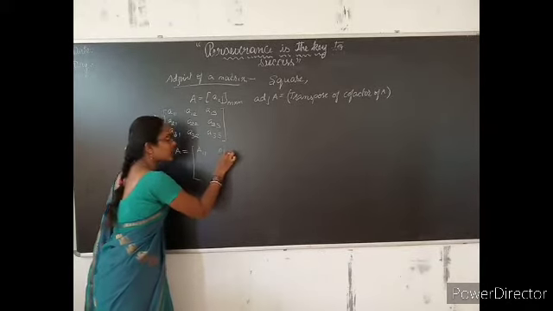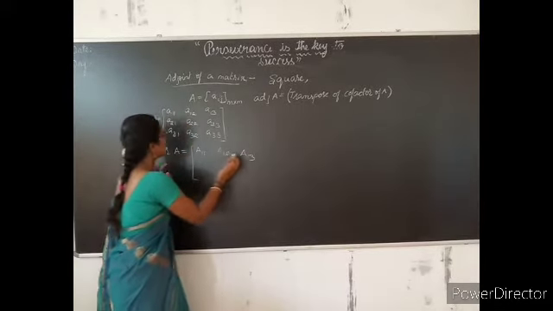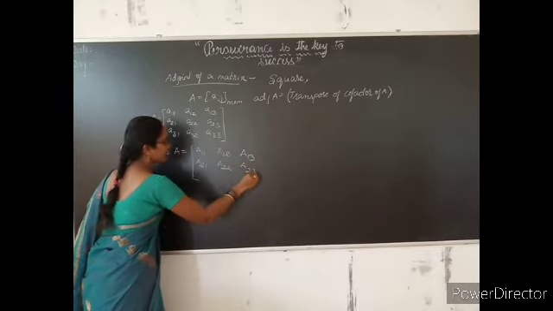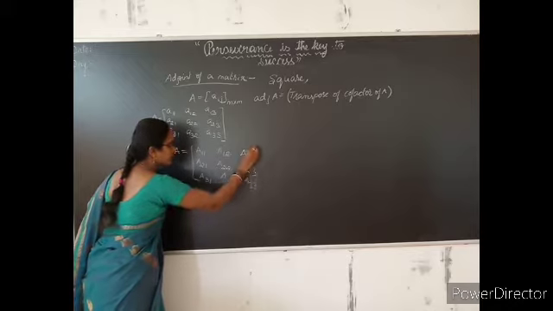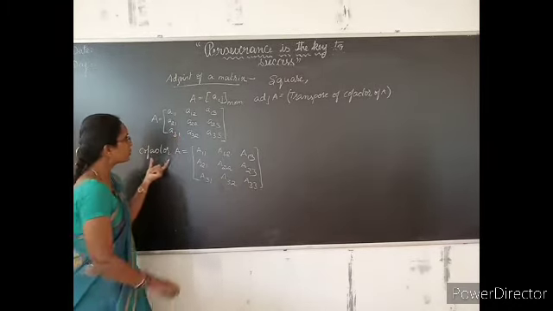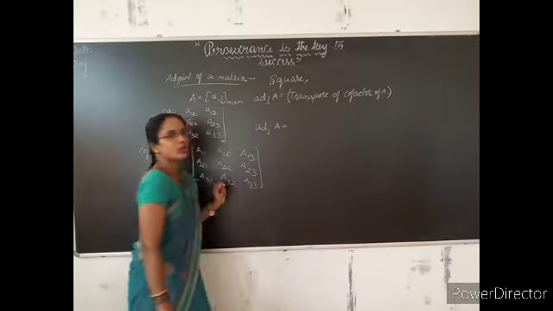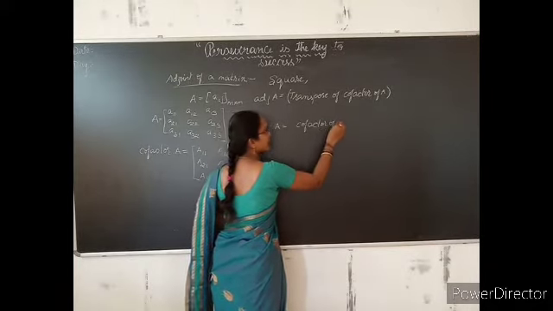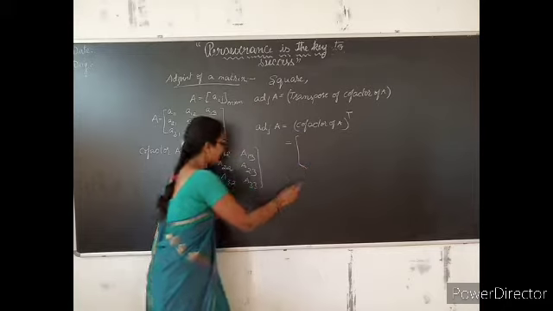Capital A12 is the cofactor of the element small a12. Similarly A13, A21, A22, A23, A31, A32, A33. So this is the cofactor matrix of the given square matrix A. We define the adjoint of A as nothing but the transpose of the cofactor matrix of A, so the cofactor of A transpose. Therefore, the adjoint of A is obtained by taking the transpose of this.